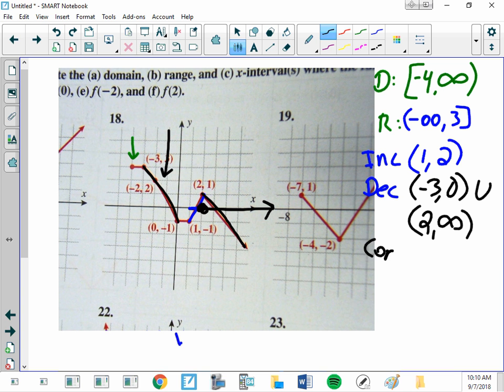Okay, and then are there any pieces of the graph where it is constant? Yes. This piece and this piece. So the first one would be from -4 to -3, union with 0 to +1.